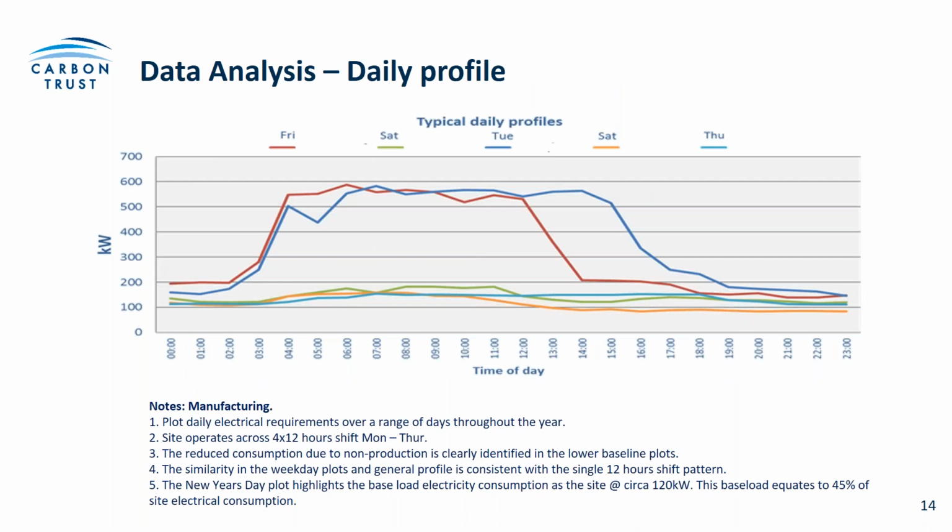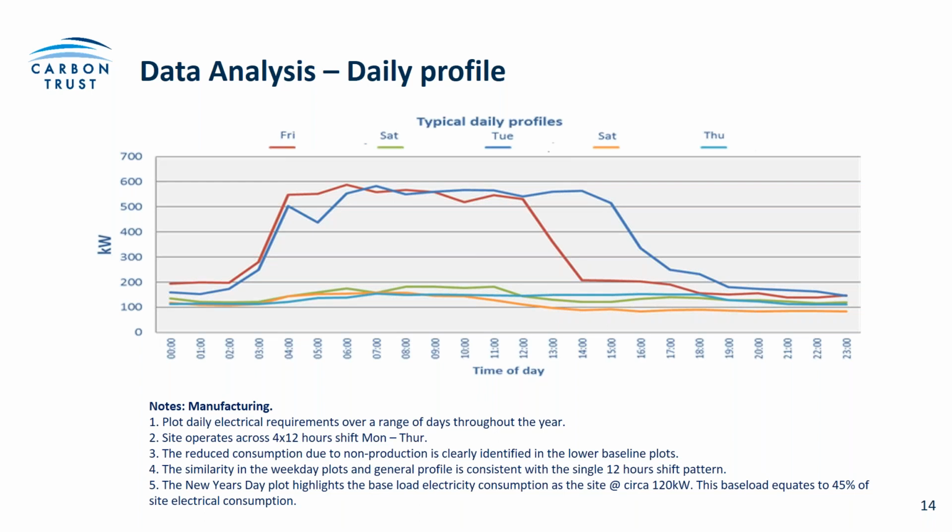So going from the weekly daily totals, you've highlighted some of the days where the consumption has gone out of range or over the weekend. The next thing you would look to do is see what the daily profiles look like. Obviously, you spread them across the days of the week, but there's a very obvious pattern going on. That's the 4 12-hour shifts.